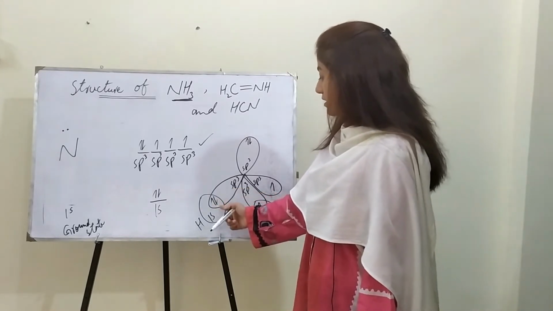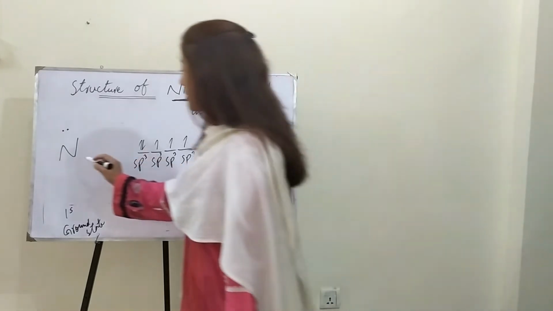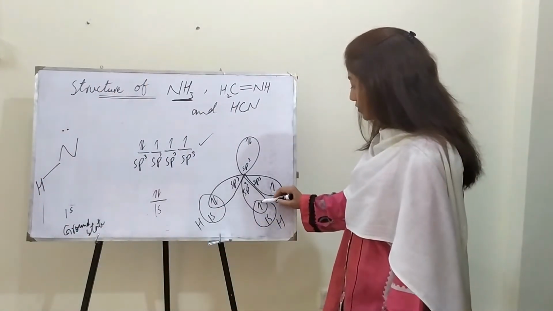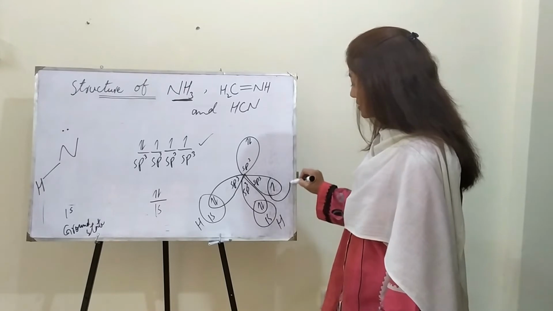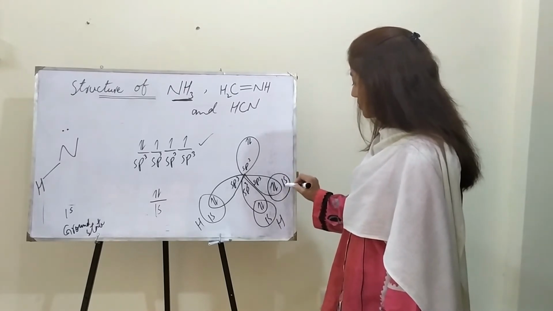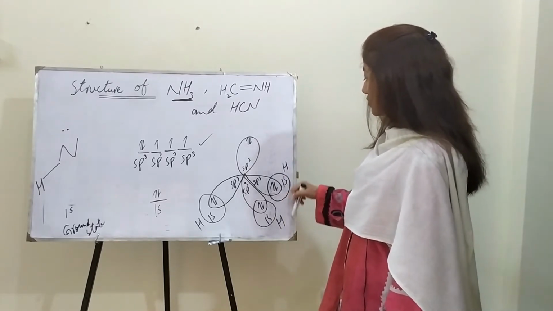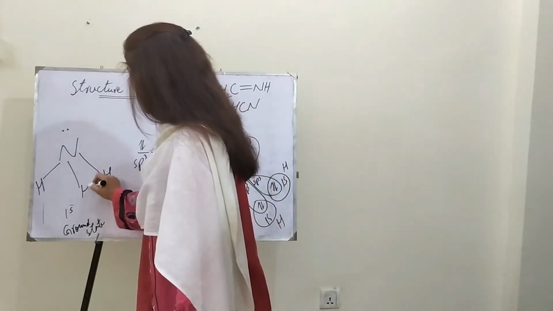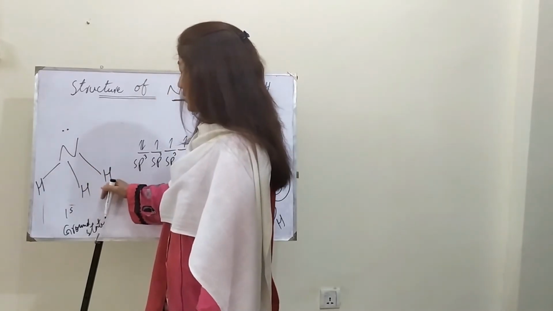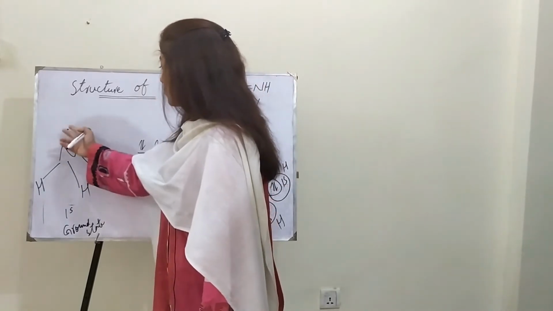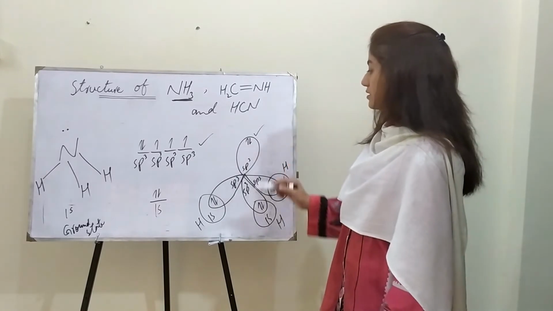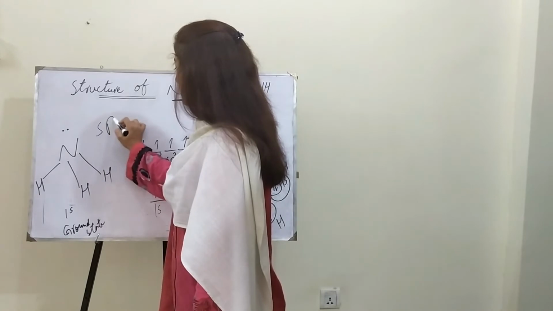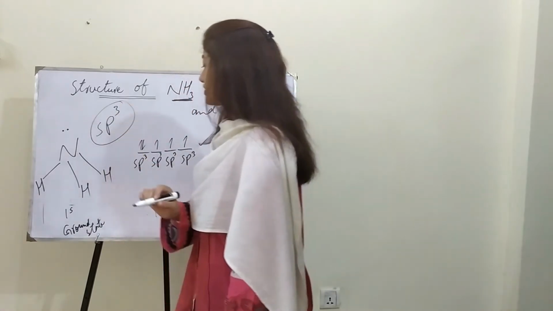So in this way, here there would be a bond pair with hydrogen. So here there would also be a bond pair of electrons, and here also a bond pair of electrons with the hydrogen. So in this way, there are total 3 bond pairs with hydrogen atoms and 1 lone pair of electrons, that is this one. So in this way, this ammonia molecule undergoes sp3 hybridization.